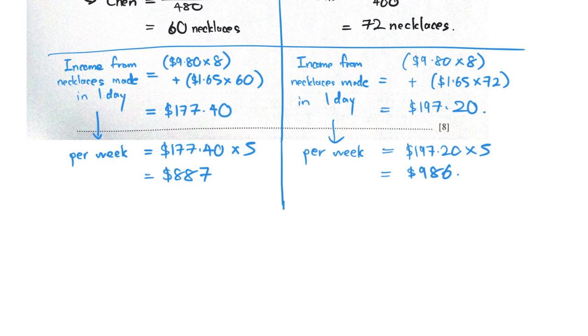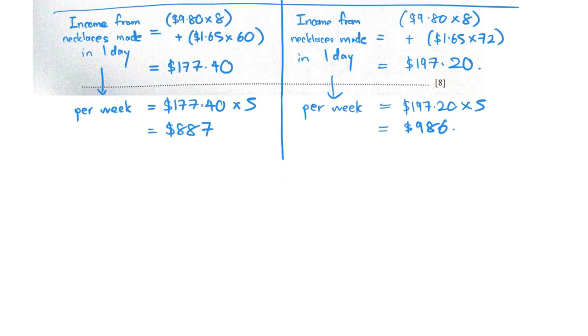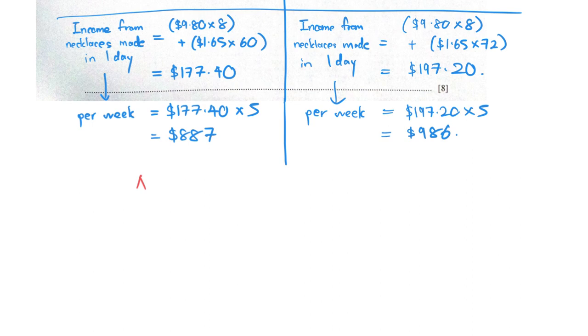Okay. Now, before we jump into the final conclusion, there are a few assumptions that we're going to make, and I'm going to state them out here. What are the assumptions made? One, there are 52 weeks in a year to find our annual income.